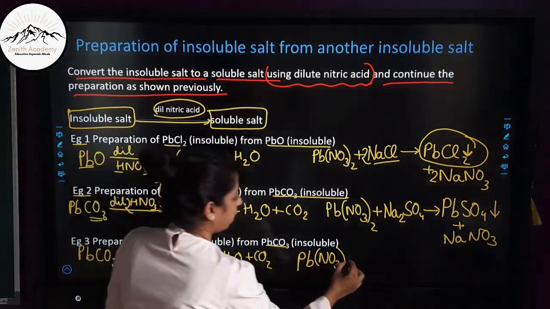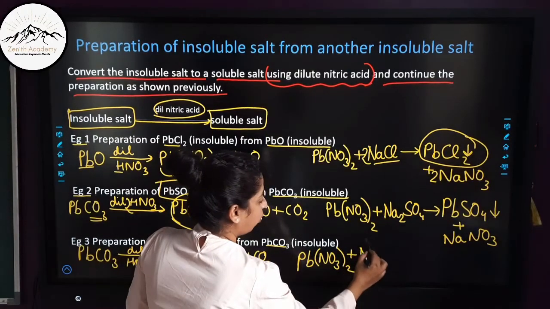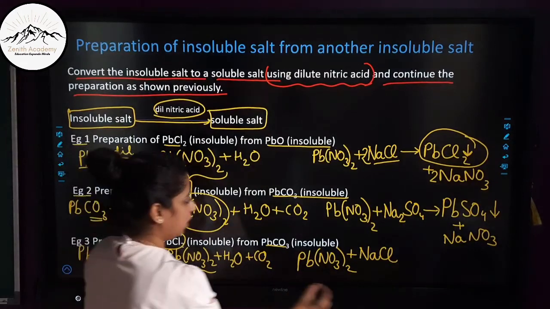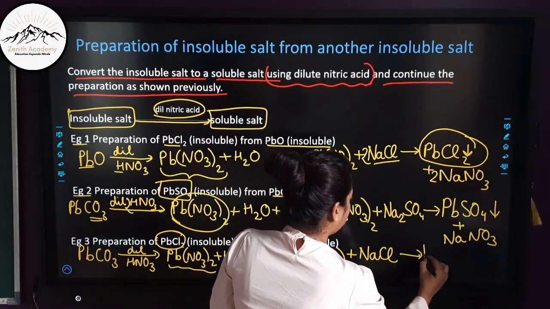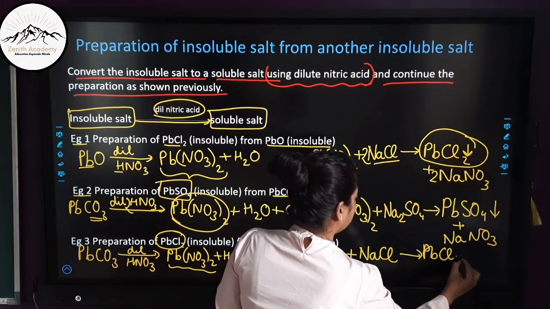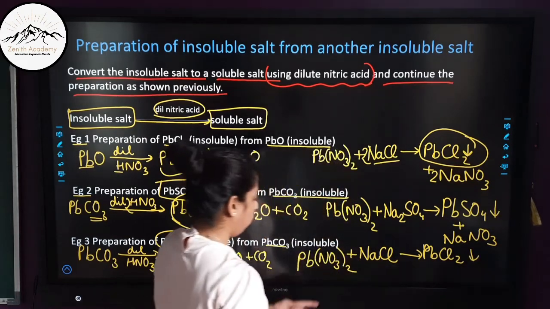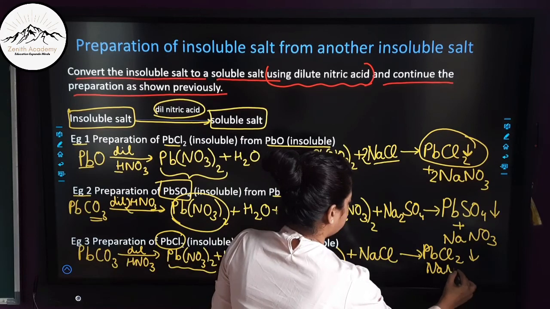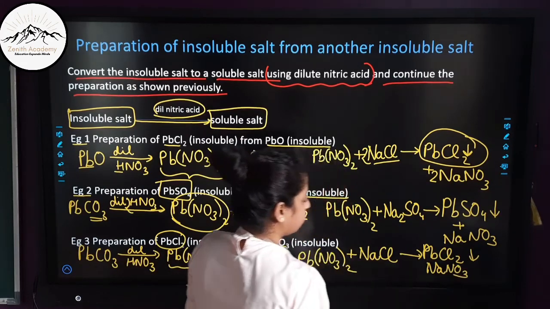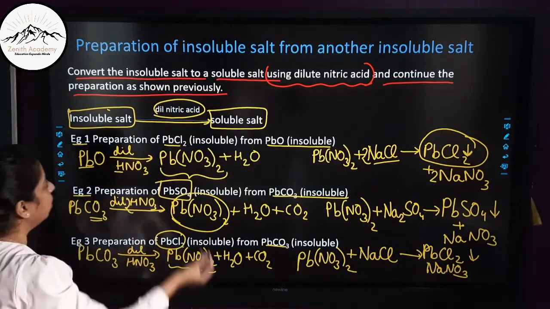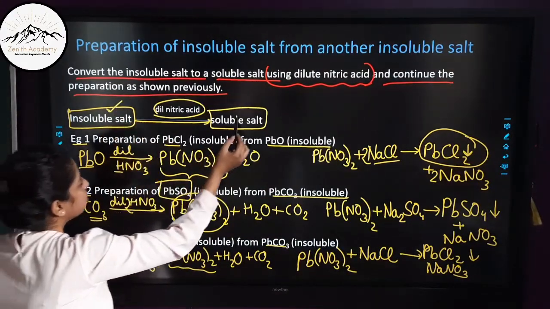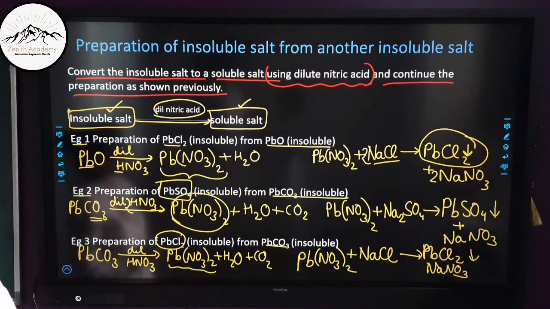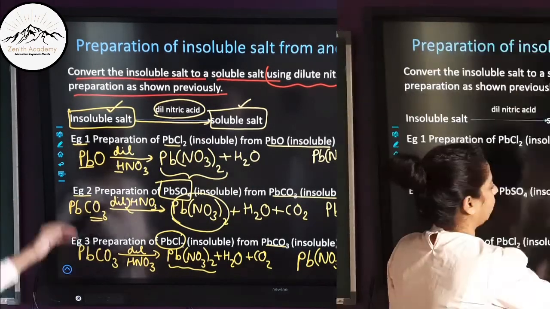So I will have to react it with any chloride salt which is soluble. So I take NaCl. Now I can form lead chloride, PbCl2, which will precipitate, and what is left? Sodium nitrate, which is soluble. So in this method, first we have to convert the insoluble salt into a soluble salt, and then we can use our normal double decomposition.